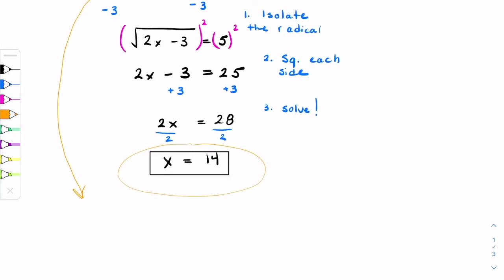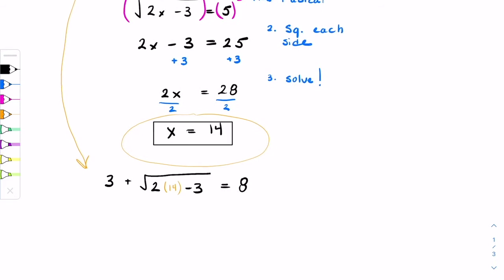Our solution here is going to be 3 plus the square root of 2 times x, or 2 times 14, minus 3, and this is equal to 8.